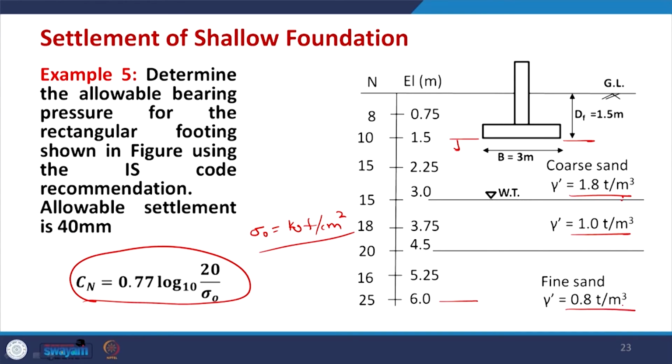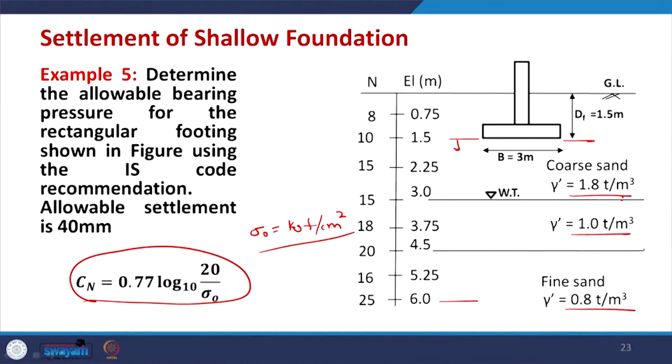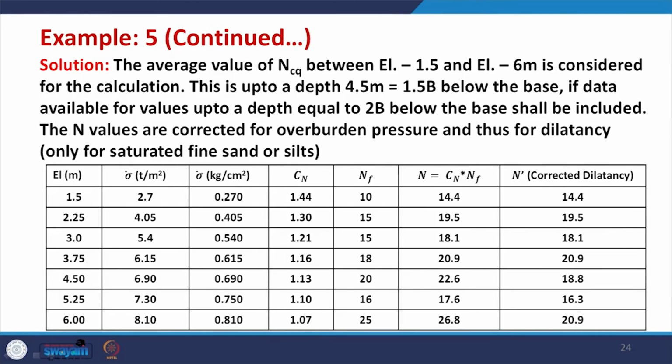The first layer is coarse sand, then you have the water table at a depth of 3 meter, and below the water table up to 4.5 meter you have continuous coarse sand. So, that means the correction due to dilatancy needs to be applied starting from after 4.5 meter, not above that. All the tabulation is given here.